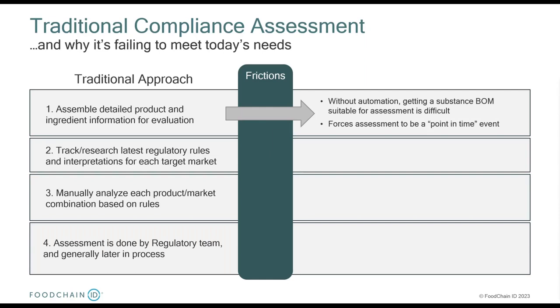In terms of tracking regulatory rules, when you get to actually trying to keep track of them, they're very complex. It's not just that a particular substance has a limit in a particular region. There are lots of rules around combinations of materials, and around things like usage and function.